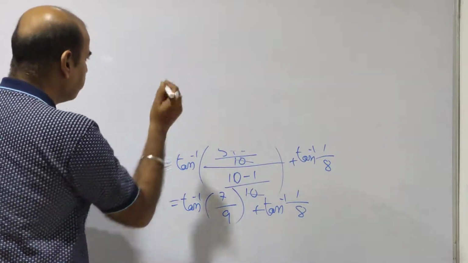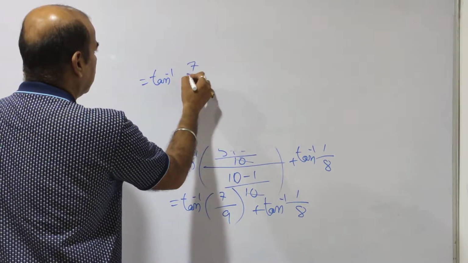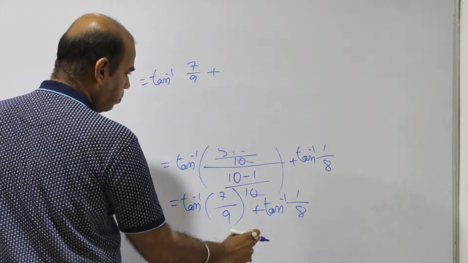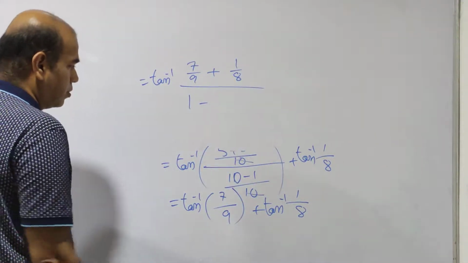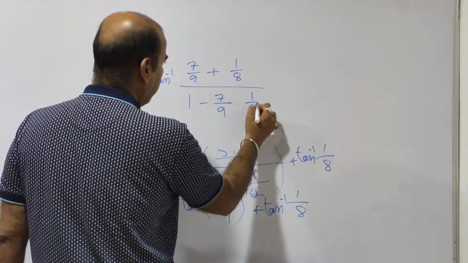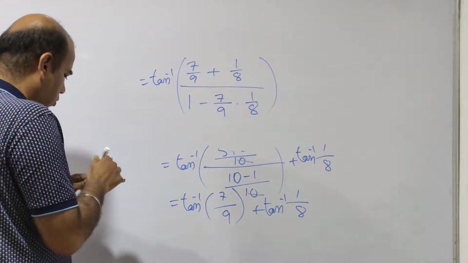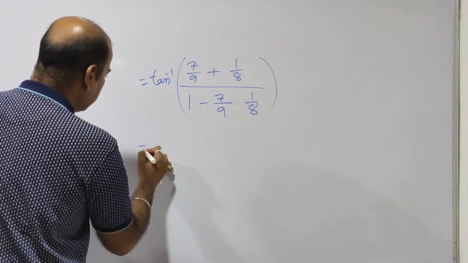Now what will I do? This is tan inverse of 7 by 9 plus 1 by 8 by 1 minus 7 by 9 into 1 by 8. Now this will change like this.